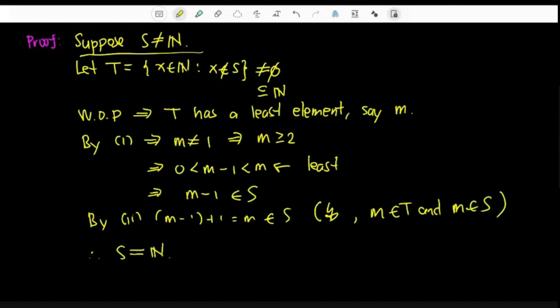So that's what induction means. Once you say that 1 is an element of S, the second assumption ensures that all the integers will also be in S. So that means S is the same as the set of natural numbers.